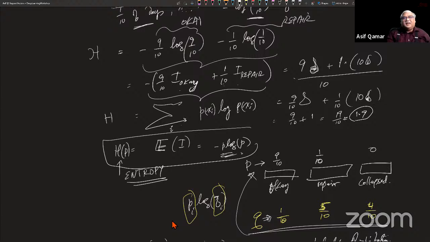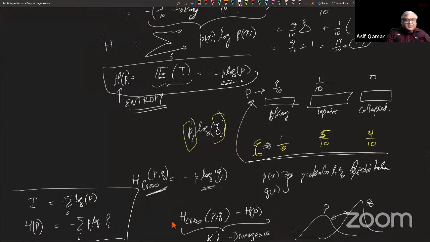What is the information gain if somebody told you what tomorrow noon's temperature is going to be? Temperature is continuous, there are infinitely many options, so this summation will become an integral at that point. But the one thing to remember is that entropy, usually represented with an H, is essentially the expectation value of the information gain. Are we together? That's all it is.